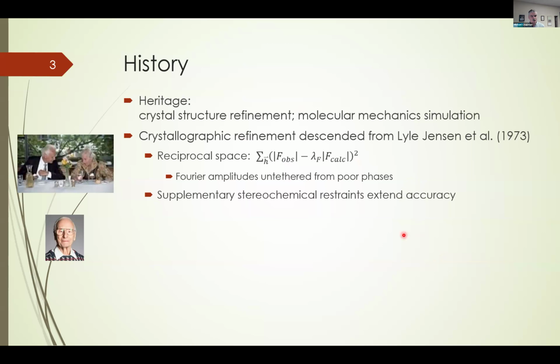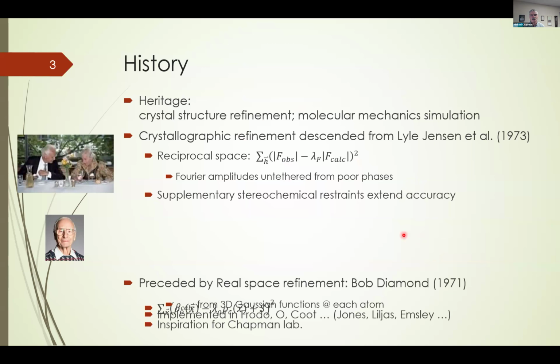And they were also among the first to show the value of supplementary stereochemical restraints.